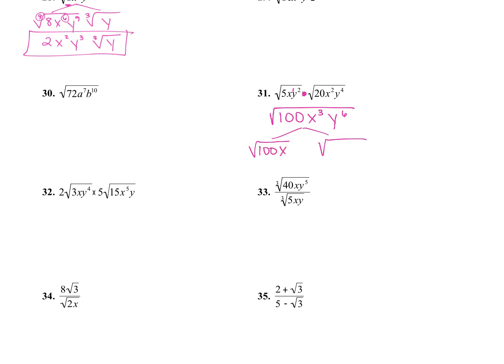How many x's? X to the 2nd power, which means there's going to be 1x left over here. And how many of your y's? All of them. Y to the 6th. Okay. So this is 10x y to the 3rd. And then you've got the square root of x. Okay.